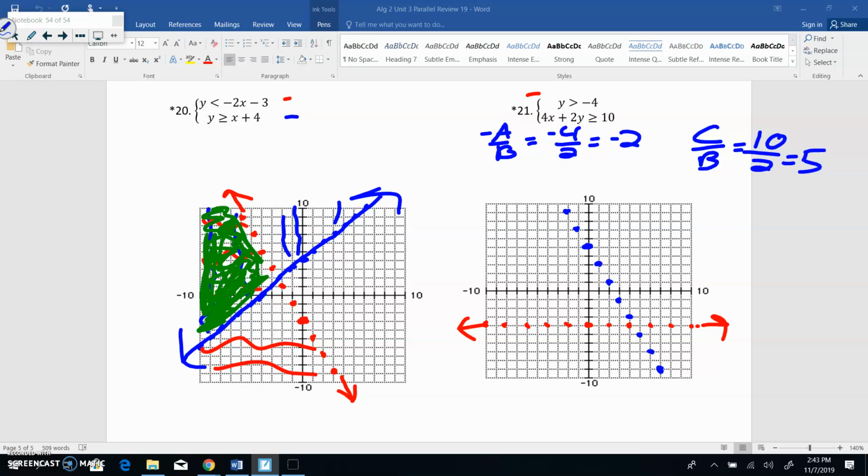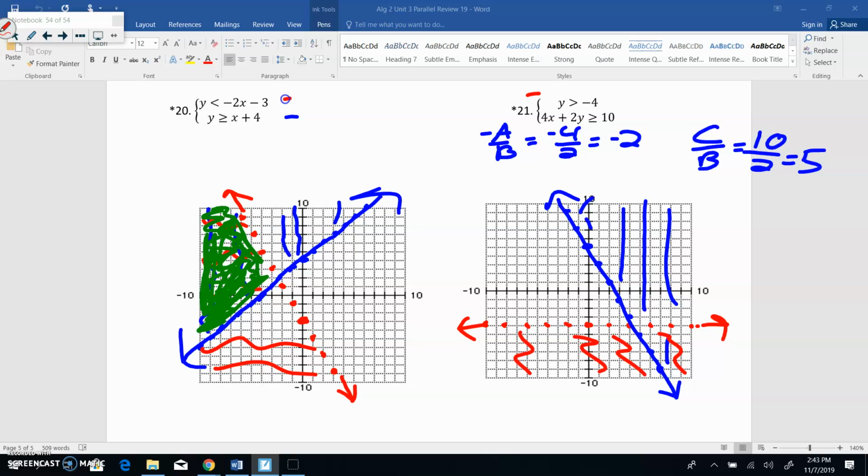I notice that it is "or equal to," so I'm going to draw this as a solid line. I have a greater than, so greater than would be above, so anything above this blue line. And for the red, it is less than, so it is below, so anything below.